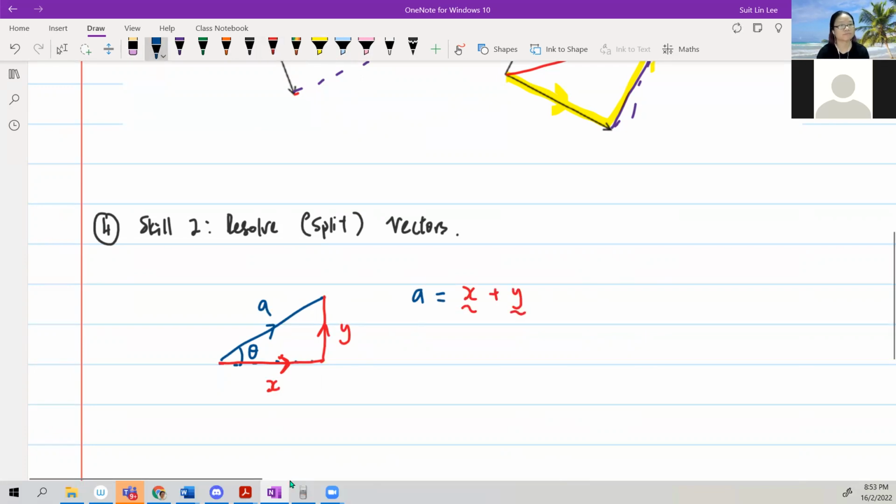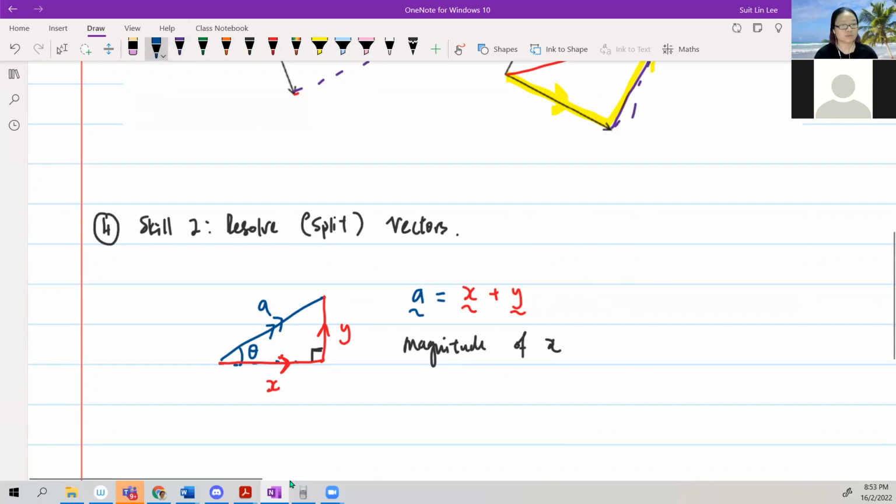Okay, but can I find the magnitude of X and the magnitude of Y? We always want horizontal and vertical because that introduces 90 degrees into your vector triangle. And 90 degrees is the best kind of triangle because we can use our known trigo identities.